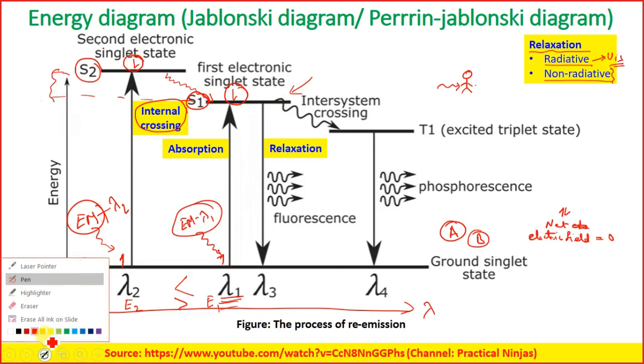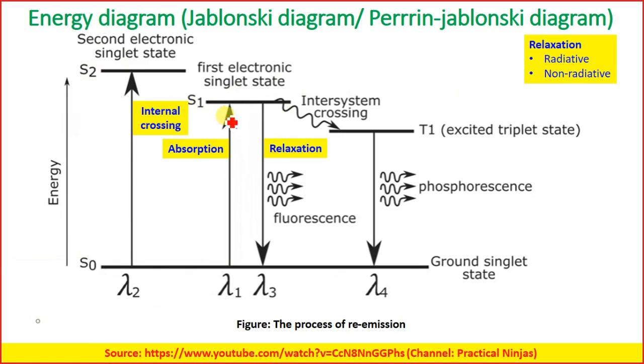Now once we have the electrons here, it loses energy and comes back to the ground singlet state. And during this process it emits some visible light photons.